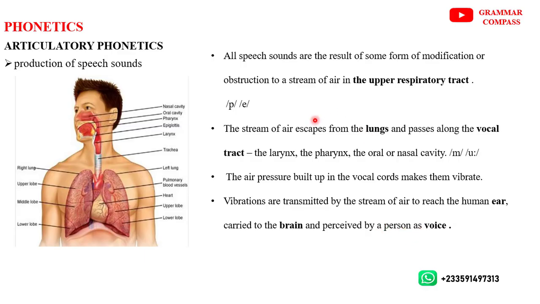In a nutshell, there is an airflow through the lungs to the vocal tract, and then there is some obstruction of the airflow which causes the vibration of the air, and these vibrations are transmitted through the stream of air to the human ear. After the person hears whatever the sound is, it is then carried to the brain to be perceived by the person as voice. The process of voice production is what is called.